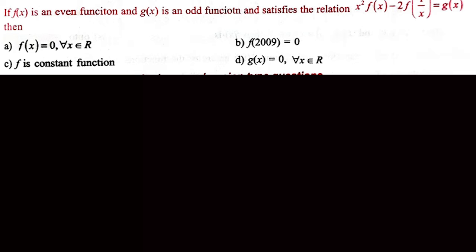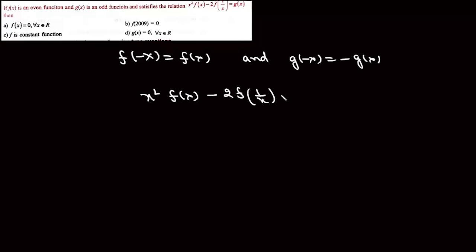Now it says f(x) is an even function and g(x) is an odd function satisfying this relation. So if f(x) is even, we know that f(minus x) is equal to f(x), and g(minus x) equals minus g(x). And we are given this relation: x square f(x) minus 2f(1 by x) is equal to g(x).